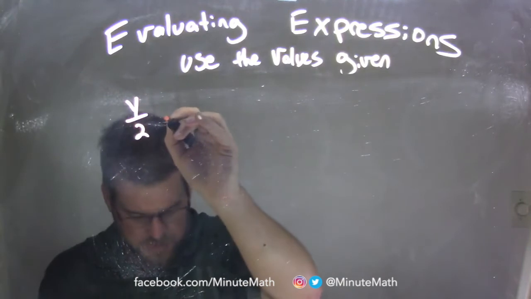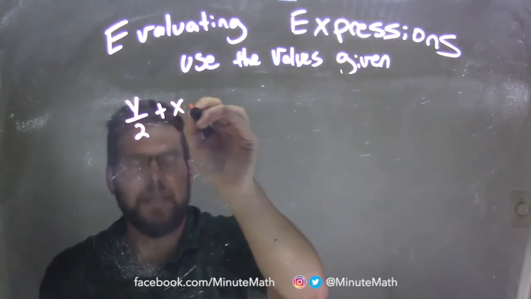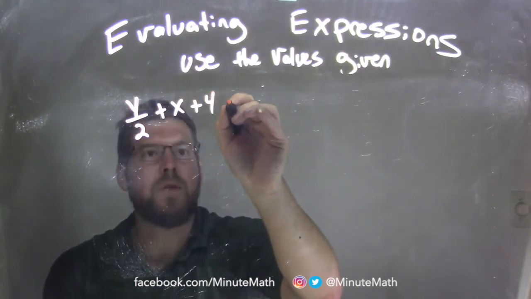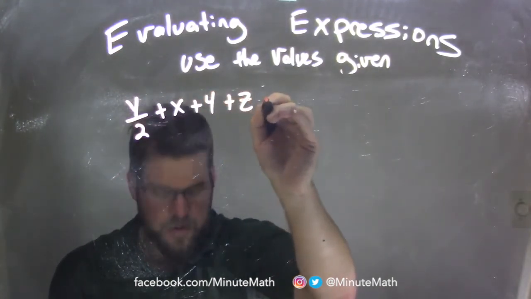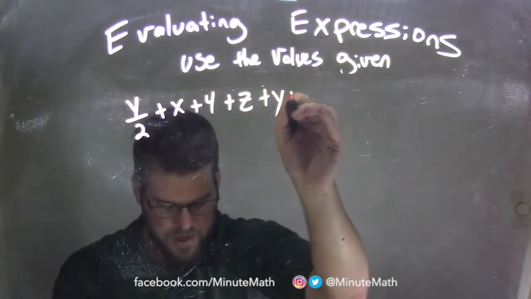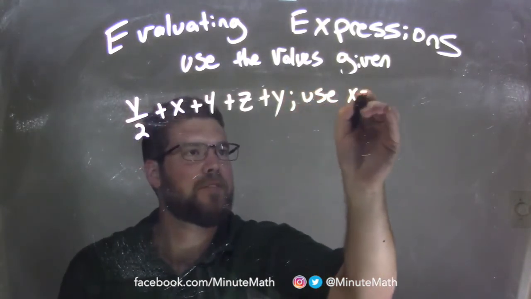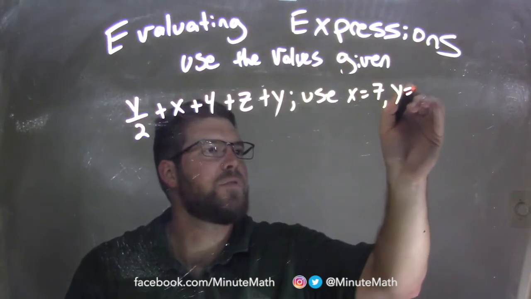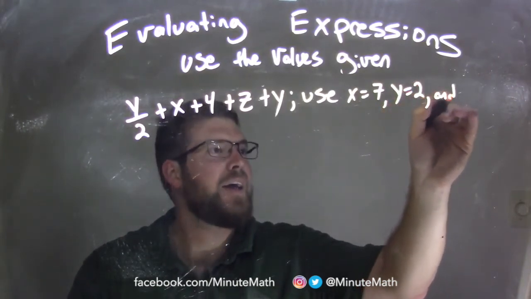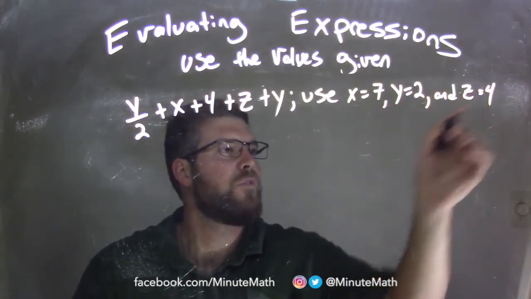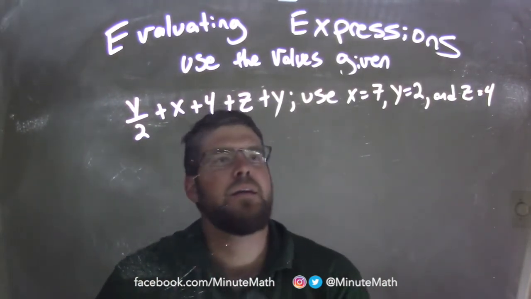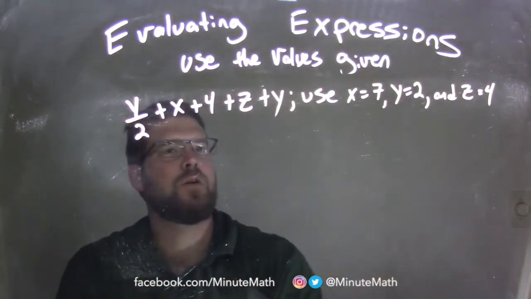Y over 2 plus x plus 4 plus z plus y. And we want to use x equals 7, y equals 2, and z equals 4. Okay? Well, we're going to substitute in each one of these variables to the corresponding variables.